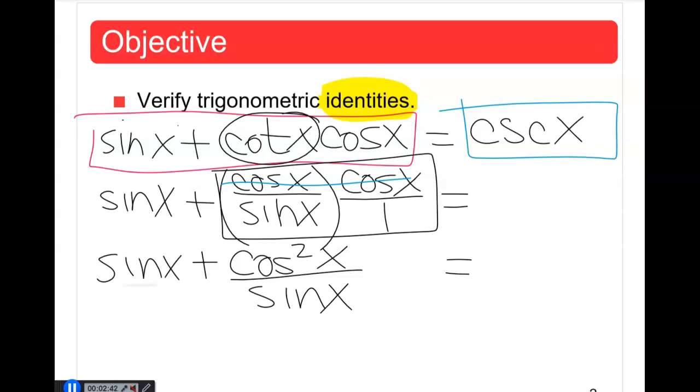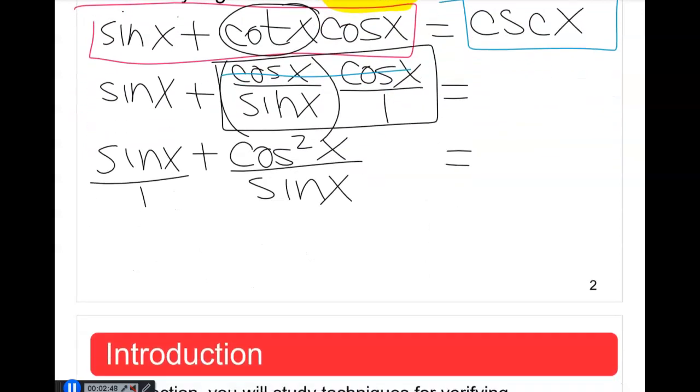Now, what I have here is two fractions with a different denominator. And for me to add them, I need to have the same denominator. And so between 1 and sine x, the common denominator will be the product of 1 times sine x.